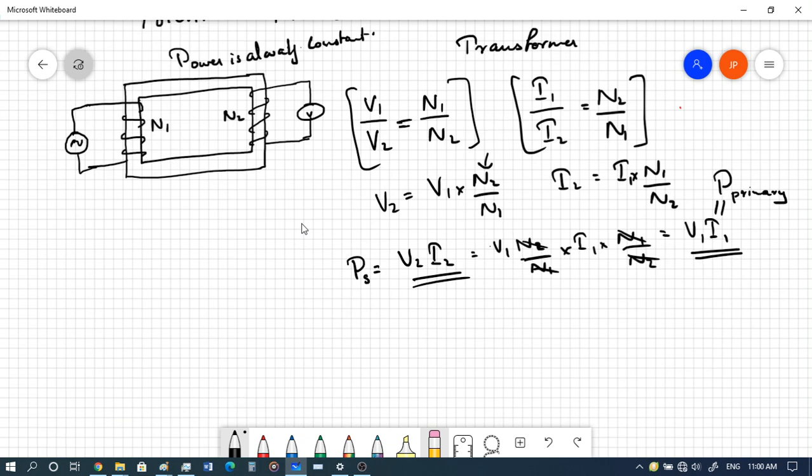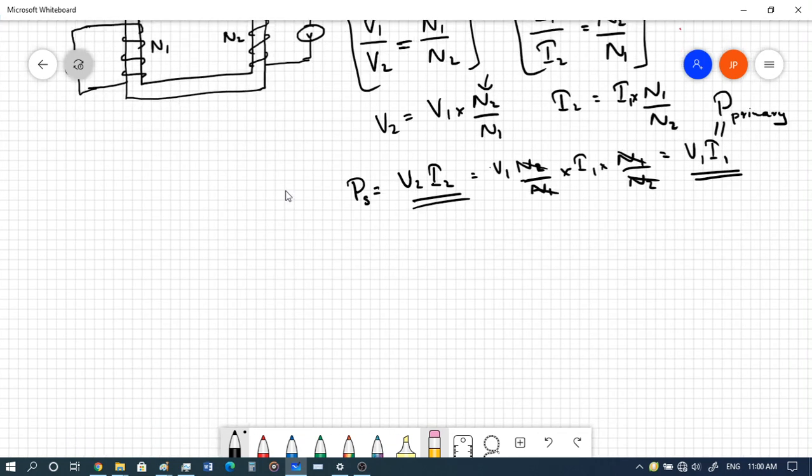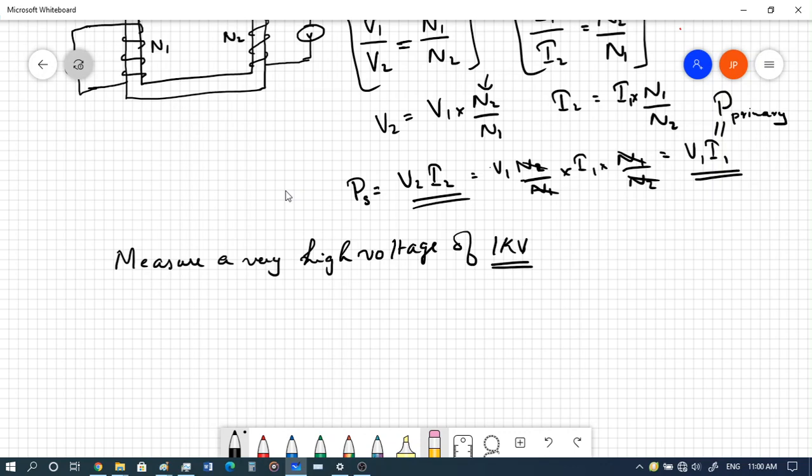Now, why are we looking at this transformer? Let's say you want to measure a very high alternating voltage of, let's say, 1 kilovolt, and you have a voltmeter that can measure up to 1 volt.